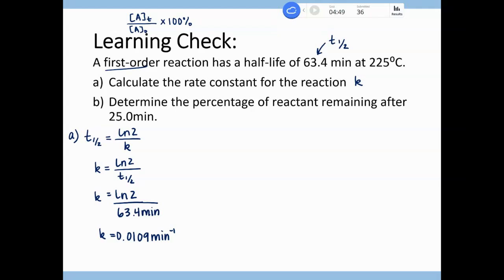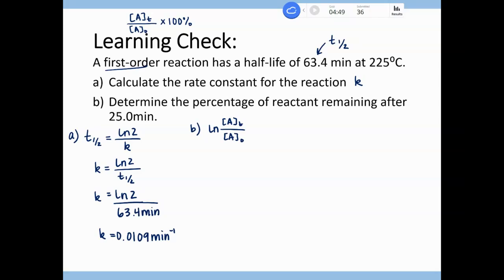So it's part of the whole. The whole is the initial concentration. The part is what's left over. Percentage remaining would be what's left over divided by what you started with, the initial concentration. So we need to find the value of that fraction. Lucky for us, that fraction is part of the integrated rate law: natural log of A at time t divided by A at time 0, or natural log of that fraction.